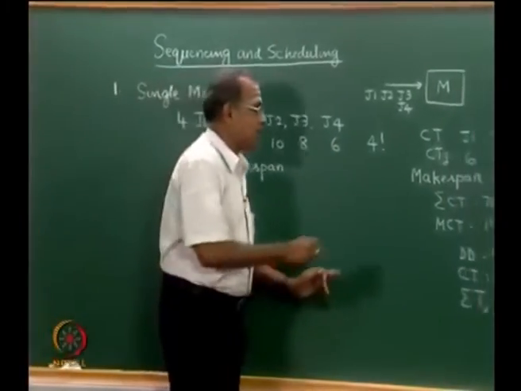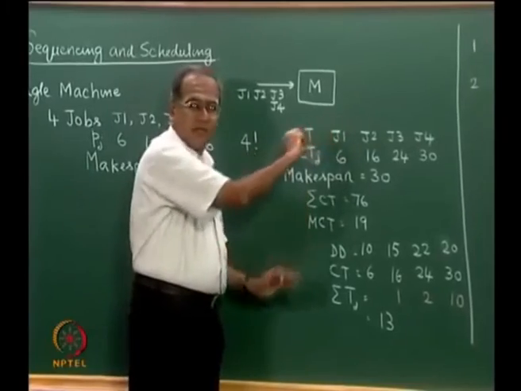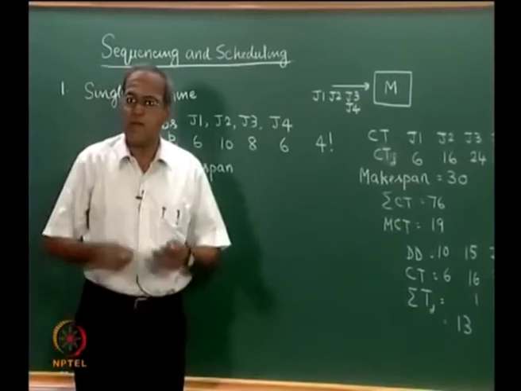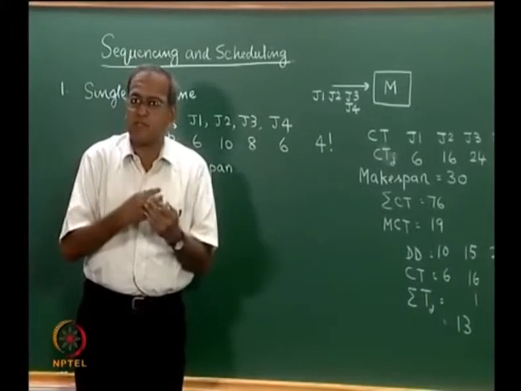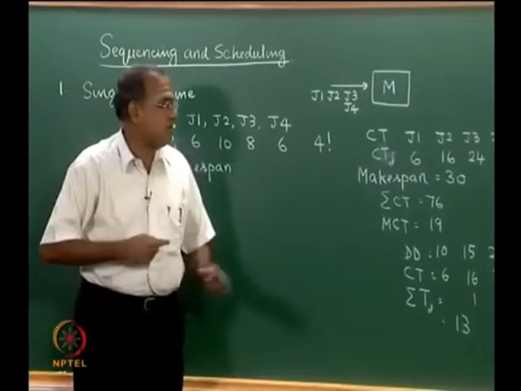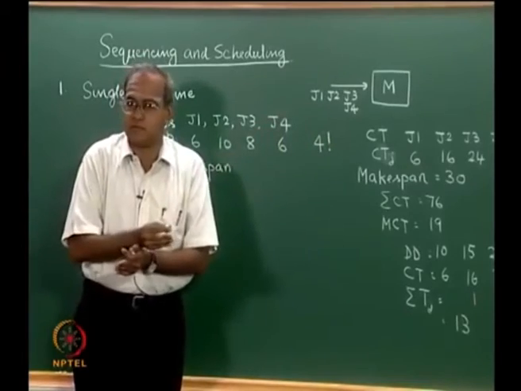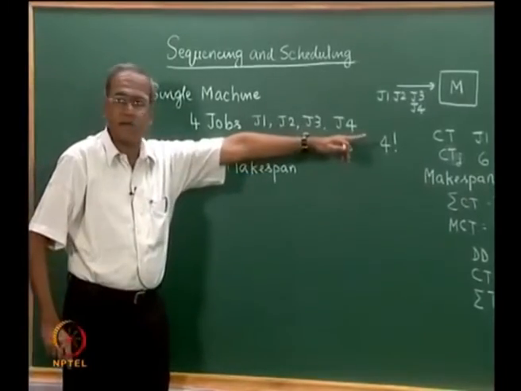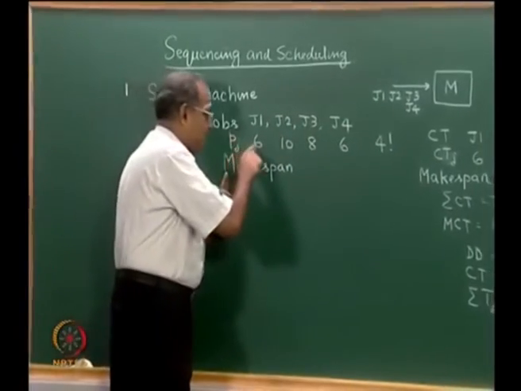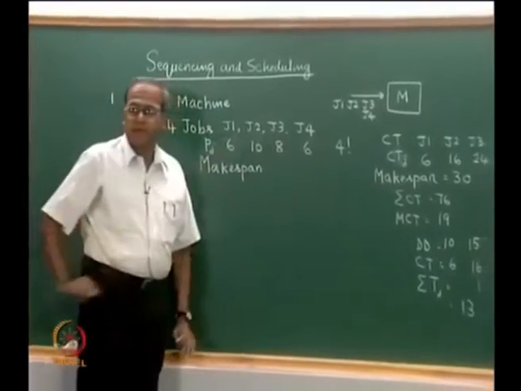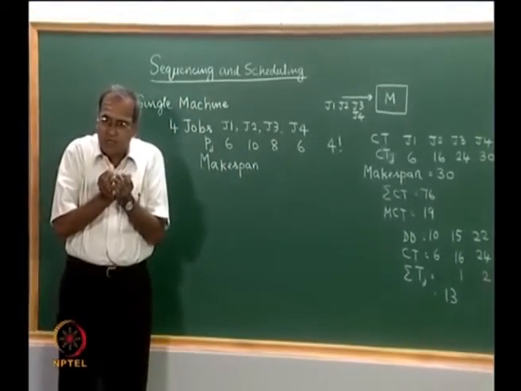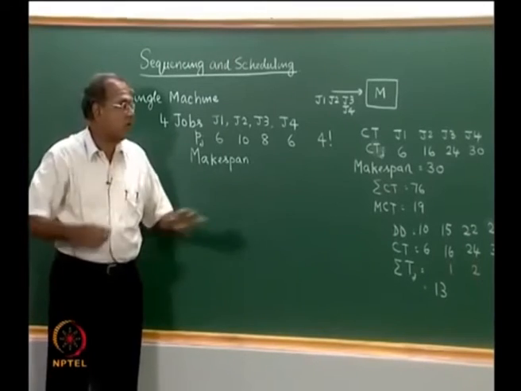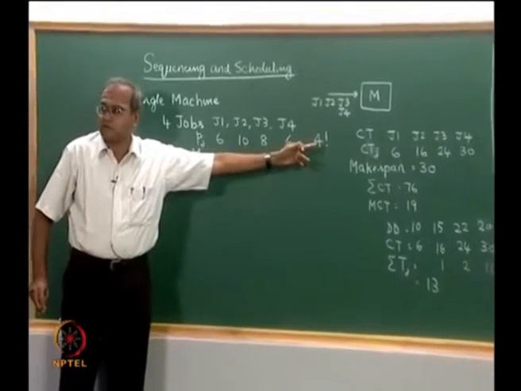So essentially we want the sequence such that the sum of these numbers is minimized. When we want to minimize the sum of these four numbers, it makes sense to minimize the individual contributions, because the first job we pick, which has processing time 6, finds its place in all 4 completion times.